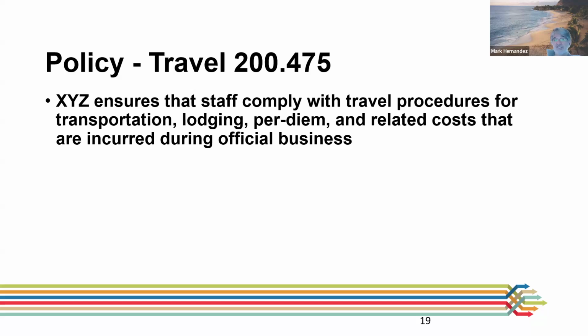So you need to have a policy that would work with your travel. And how do you do that? Well, one of the policies is, first of all, that you comply with the federal travel procedures for transportation, lodging, per diem, any related costs to that official business.